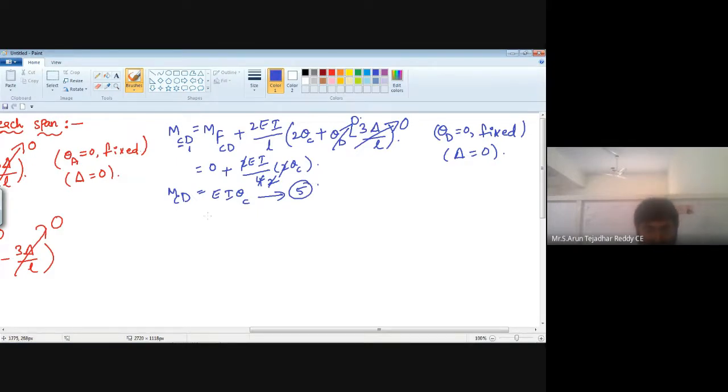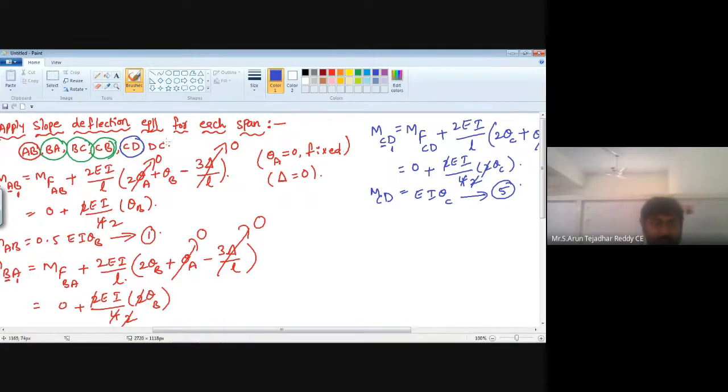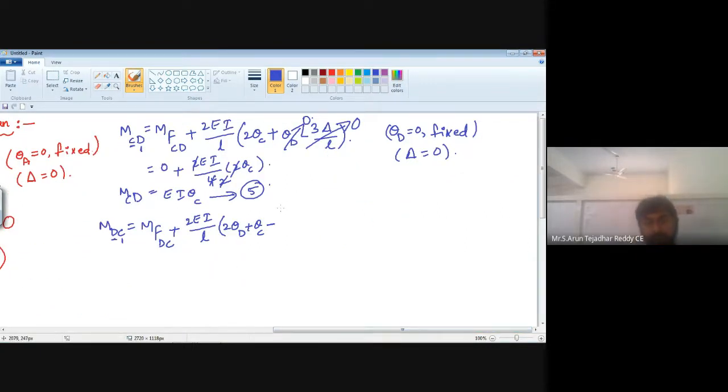Now the last one is MDC, that is fixed end moment of span DC plus 2EI by L. First term is D, so twice theta D, second term is theta C, minus 3 delta by L. Here delta is 0 because it is a non-sway frame, and theta D is 0 because it is fixed.